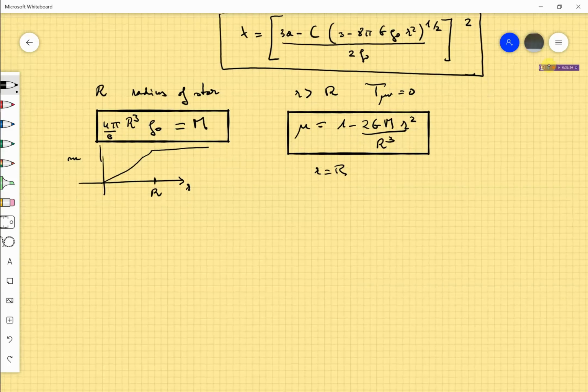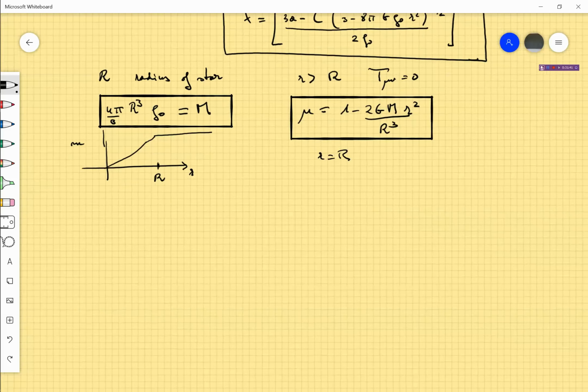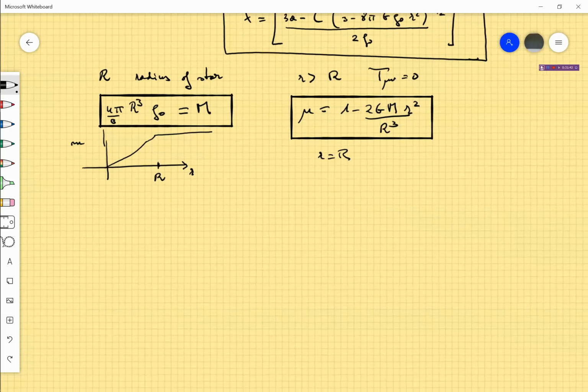You have capital R squared divided by capital R cubed, and this is exactly the function that you get in Schwarzschild for small r equal to capital R.